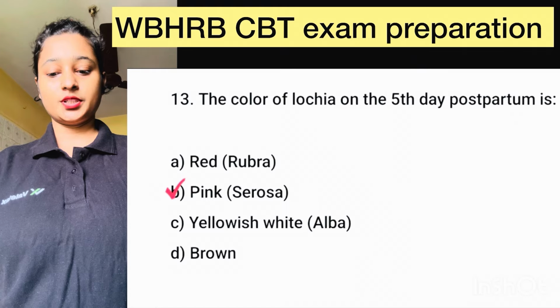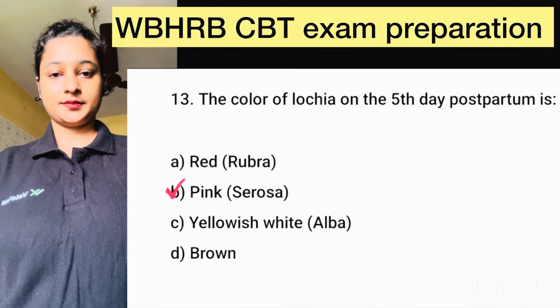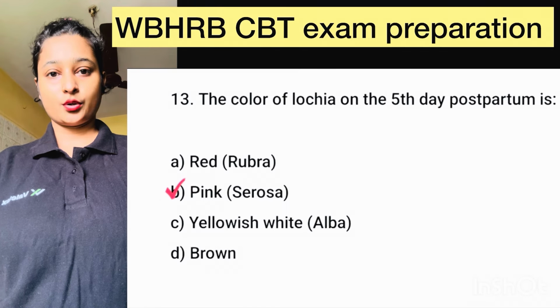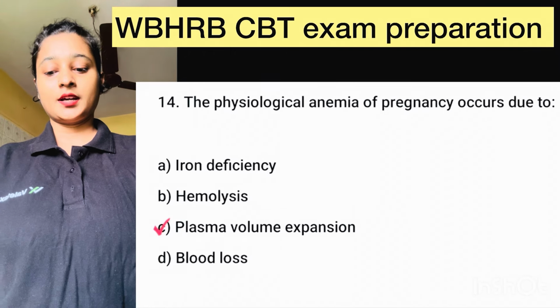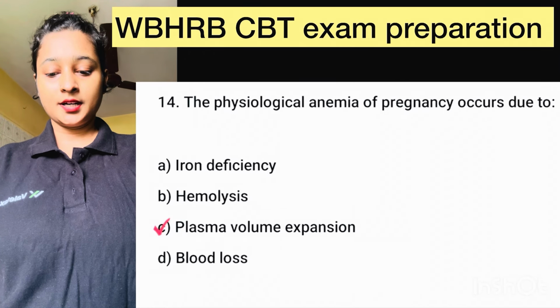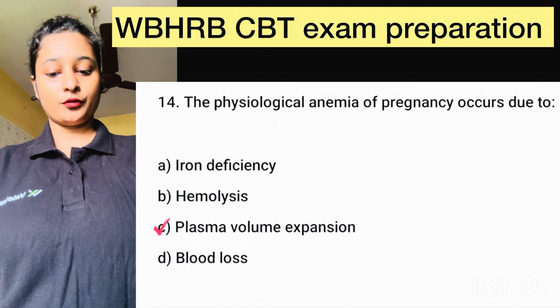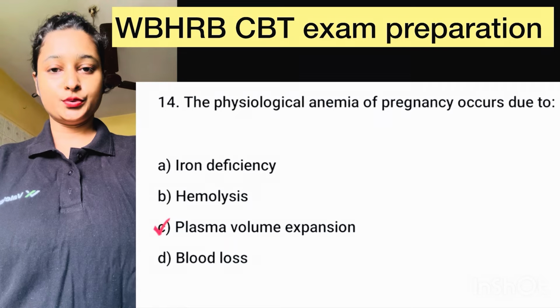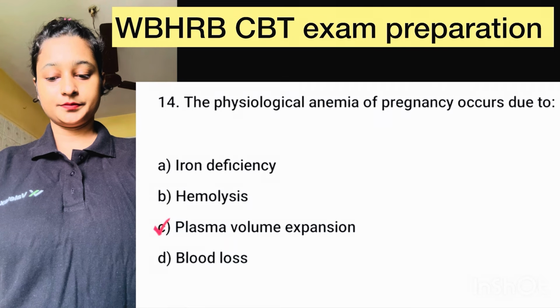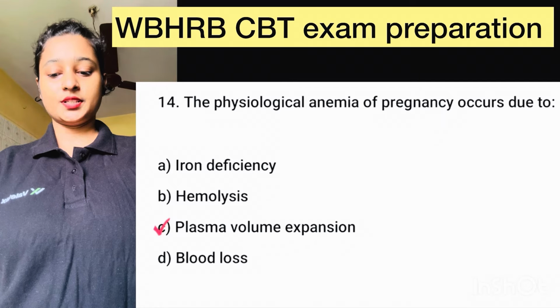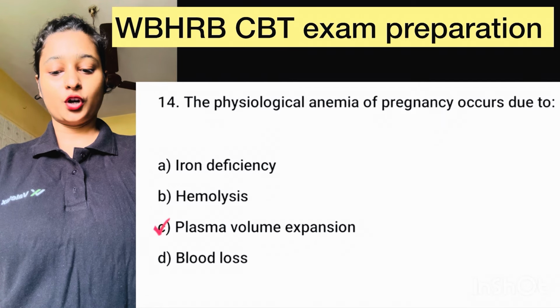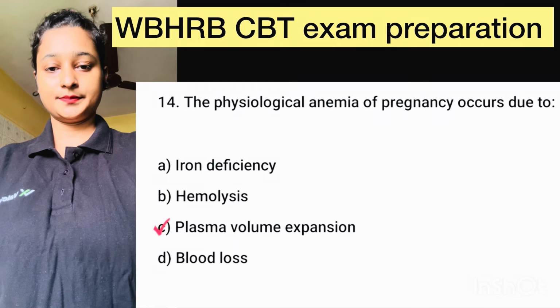Here correct option is option B, pink (serosa). Question number 14. The physiological anemia of pregnancy occur due to. Here correct option is option C, plasma volume expansion.